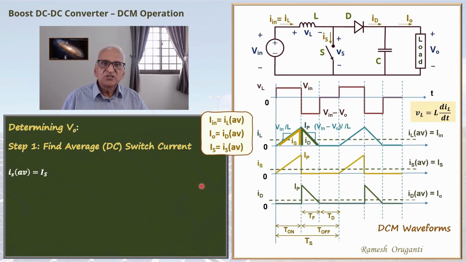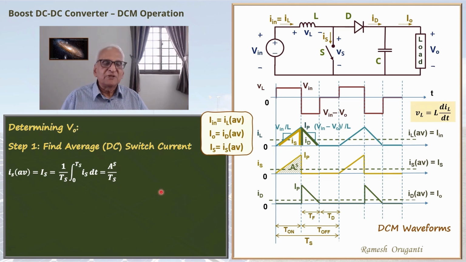IS average is IS, the DC switch current. That will be equal to 1 over Ts integral 0 to Ts IS dt. And integral 0 to Ts IS dt is this area AS. So the average switch current is AS by TS.